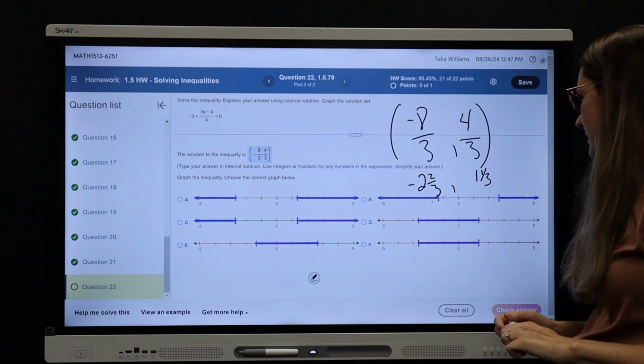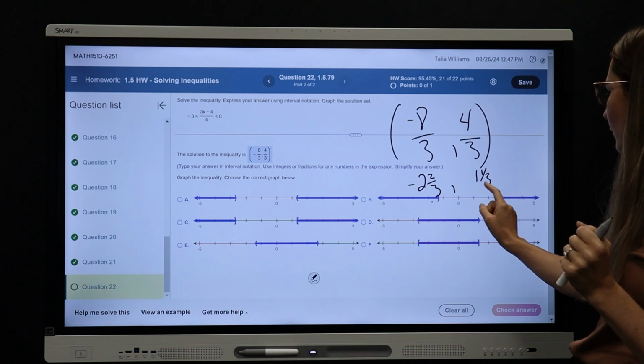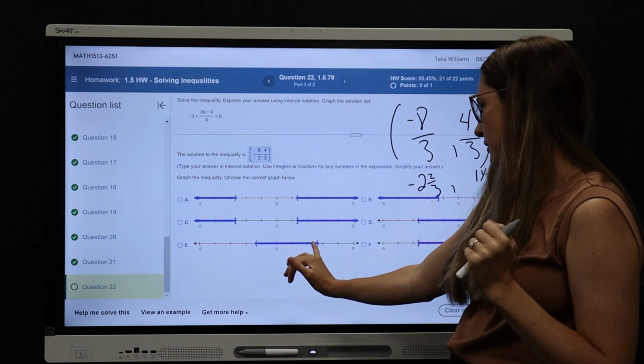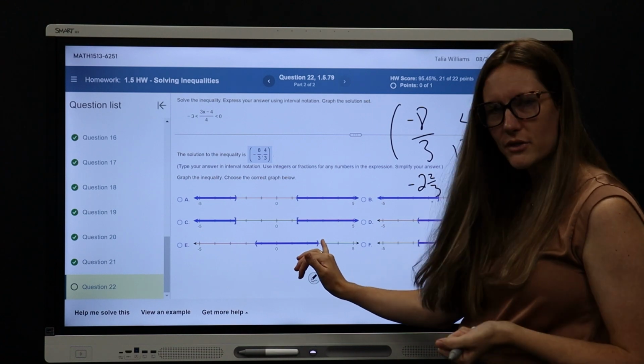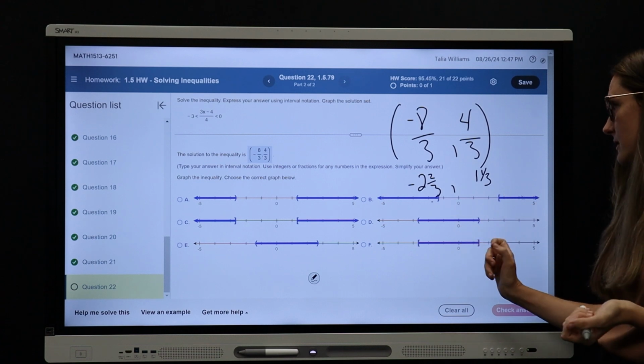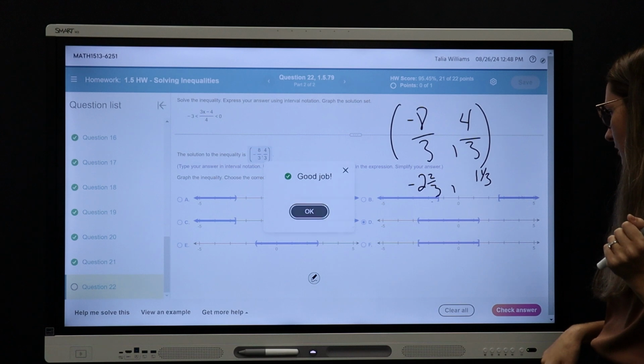So let's see what we got here. We need one that's a little over 1 here. So these are a little over 1. This one goes all the way to almost 3, so E is out. And then this one has parentheses and this one has brackets, and ours has parentheses.